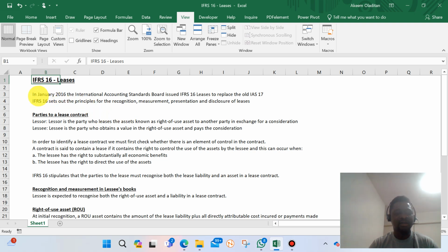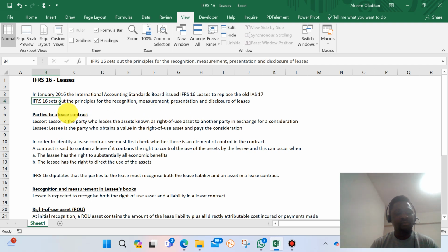So let's start by looking at the origin of IFRS 16. In January 2016, the International Accounting Standards Board issued IFRS 16 accounting for leases to replace the old IAS 17.